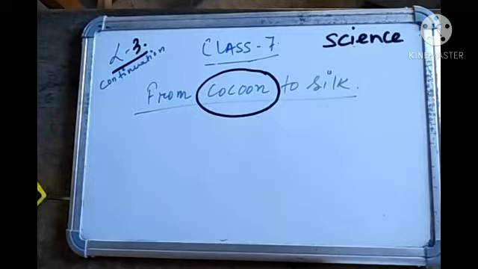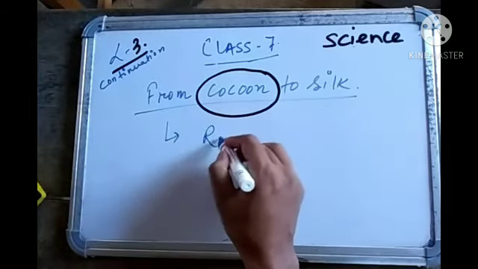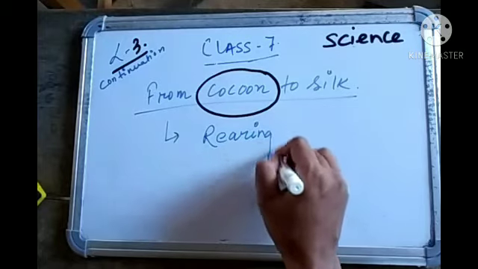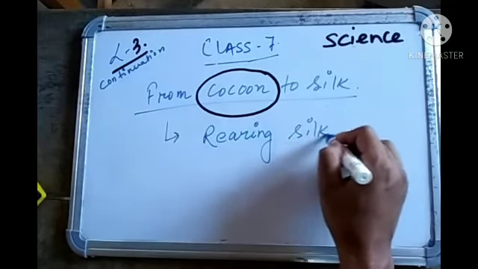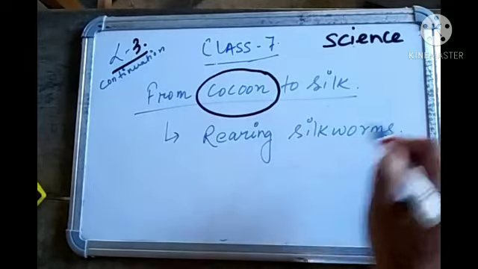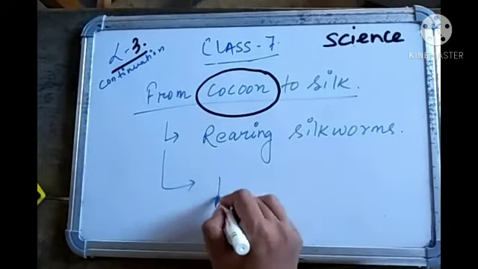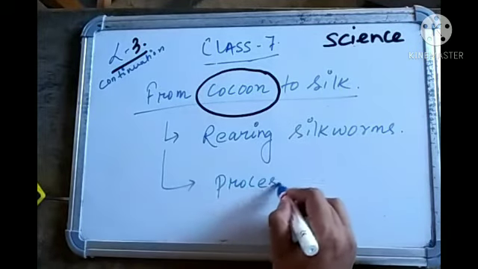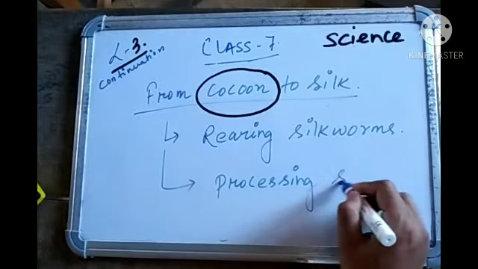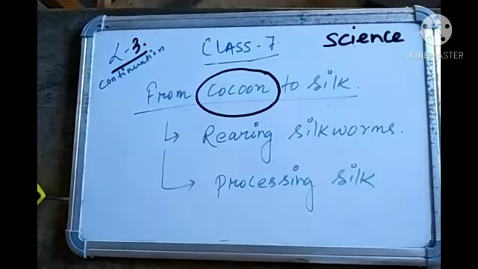For obtaining silk, moths are reared and their cocoons are collected to get silk threads. So I repeat.